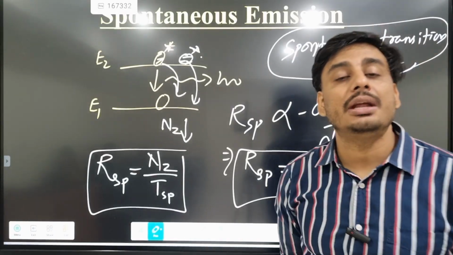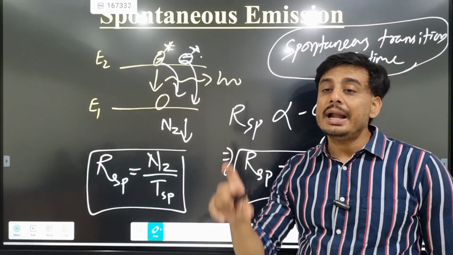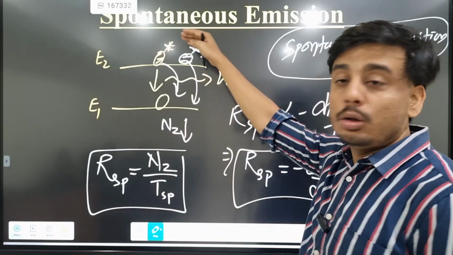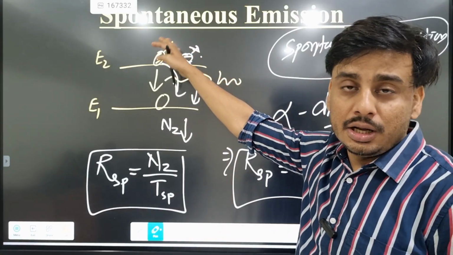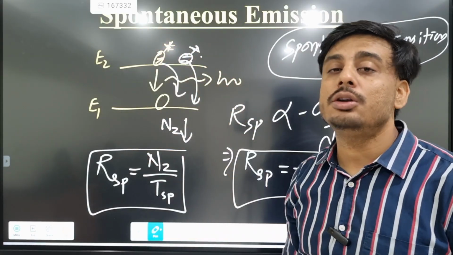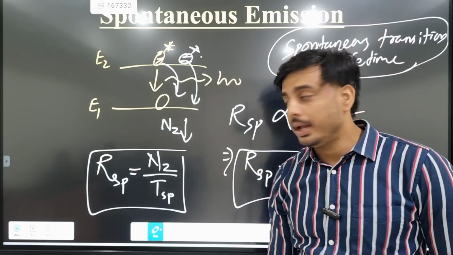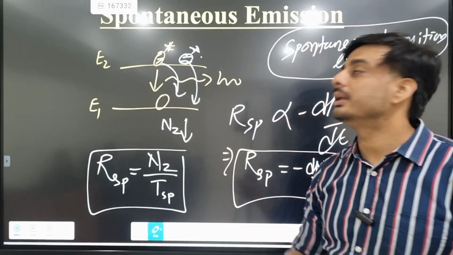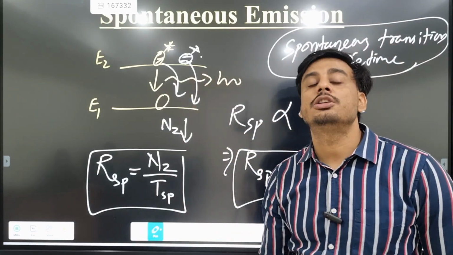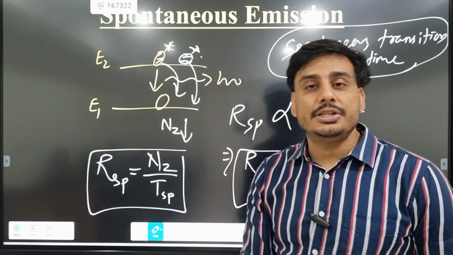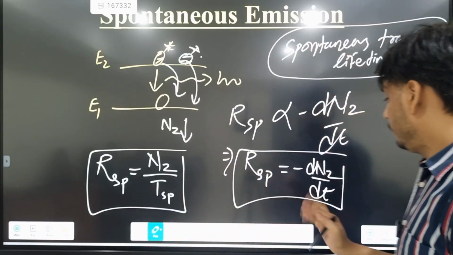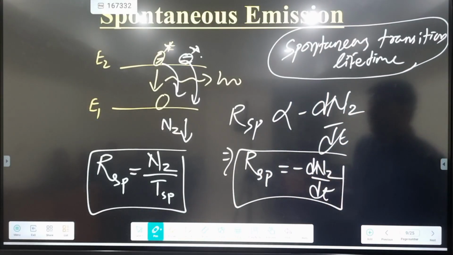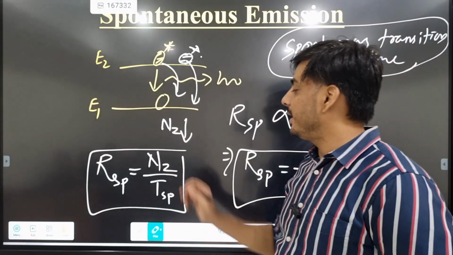Spontaneous transition lifetime means the total time taken by all the particles present in the higher energy state to go back to the lower energy state or ground state. The total time taken is said to be the lifetime, and this is a spontaneous process, so it is said to be the spontaneous transition lifetime. Clear? So rate is equal to minus dN2 by dt, or you can also directly write down N2 by TSP.